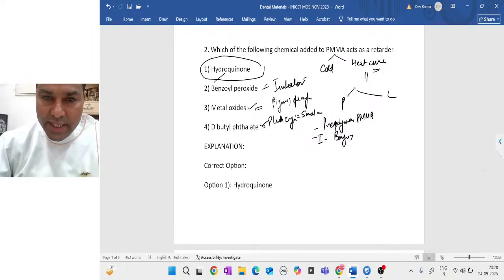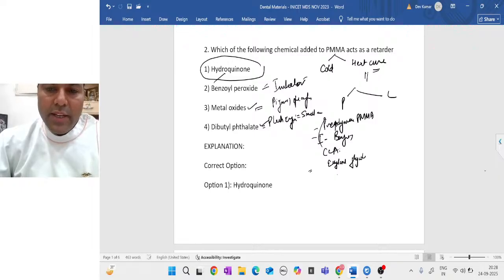The powder also contains the cross-linking agent in the form of ethylene glycol dimethacrylate.